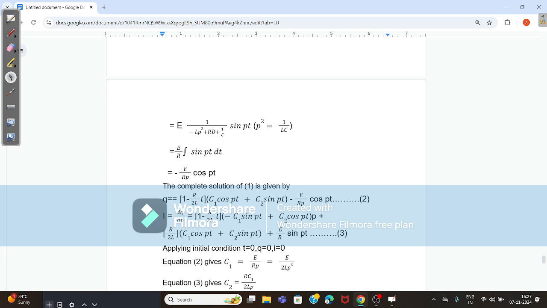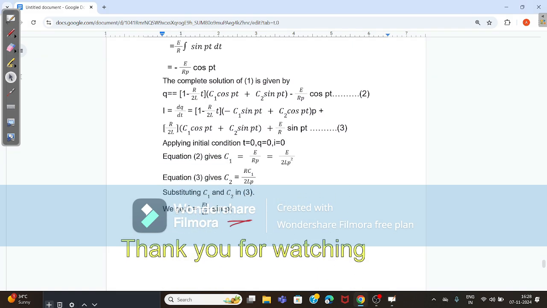Sorry, this is differentiation, I said integration, this is differentiate. Equation 2 gives C1 is equal to E by Rp, that equals E by 2Lp square. Equation 3 gives C2 as C1 by 2Lp. Okay, we get I is equal to Et by 2L sin pt.